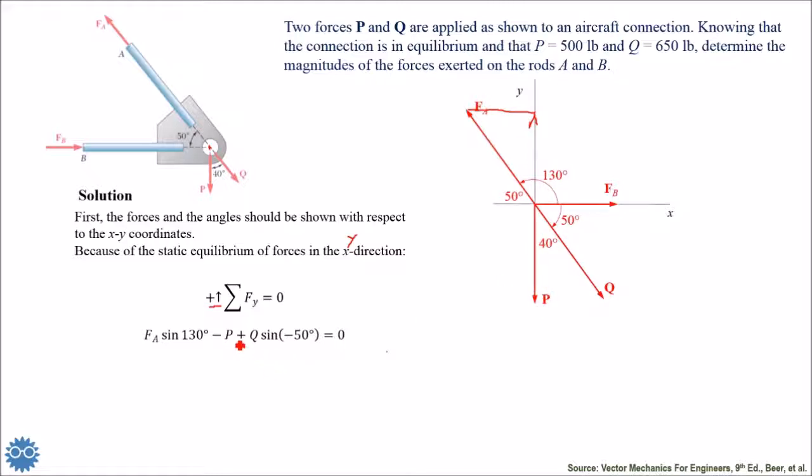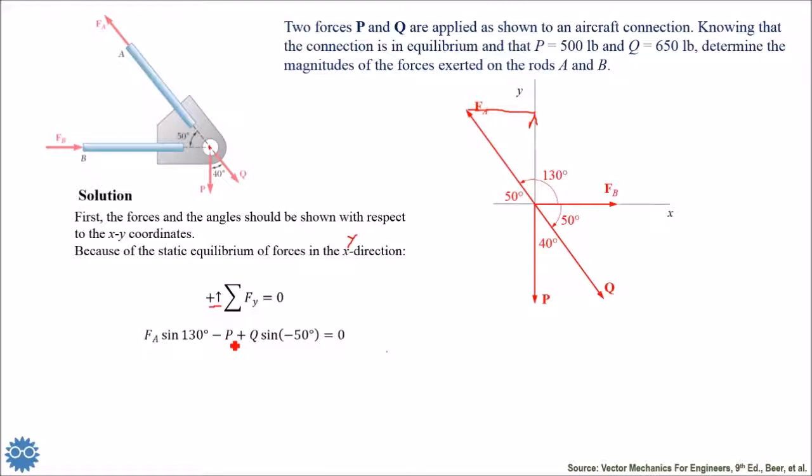We don't have to say plus P sine 270, or minus 90, because by default it is directing downward. It's exactly opposite to the direction we considered as positive.